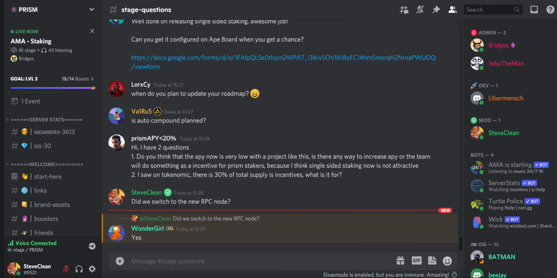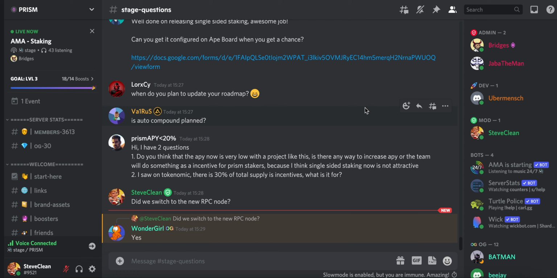Also, this is connected to the fee, the buy and burn program, so the buyback program. Depending on how much time you lock up your tokens, you're gonna get a higher percentage of airdrops from the buyback program.